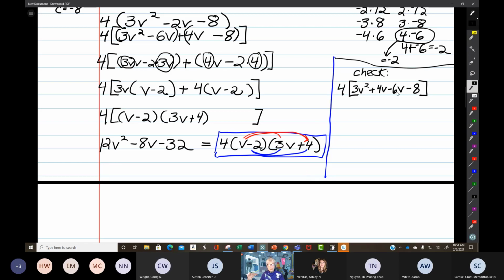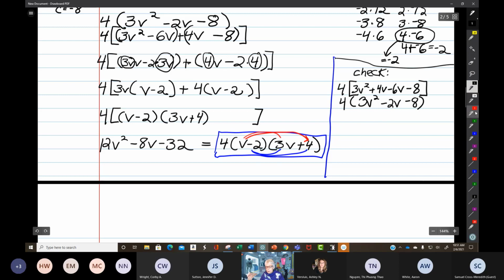Okay, I'm going to combine like terms first. I'm just going to change that to parentheses. I guess I didn't need brackets. 3V squared. 4V minus 6V is negative 2V minus 8.